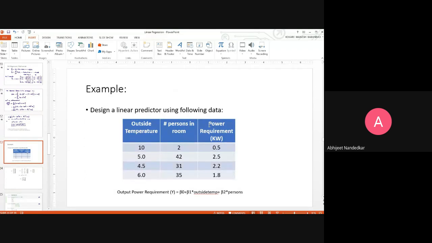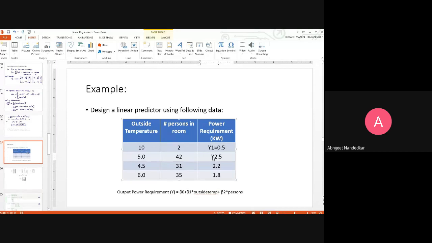So for the first sample, if temperature is 10 degrees Celsius and number of persons are 2, then power requirement is 0.5. So this y value, say I can call this as y1, is given to you as 0.5.